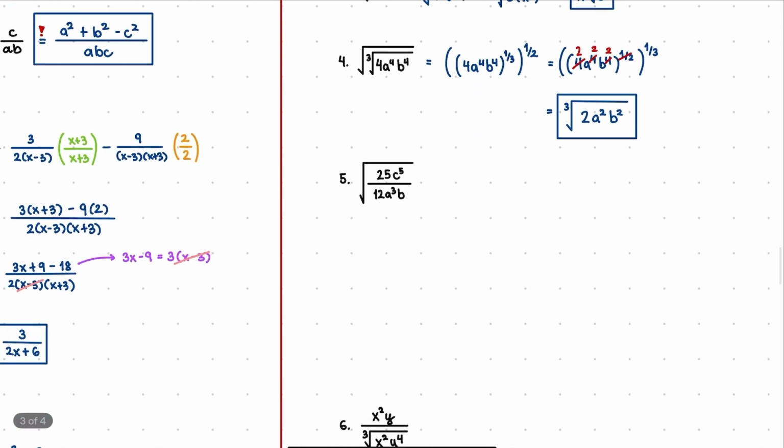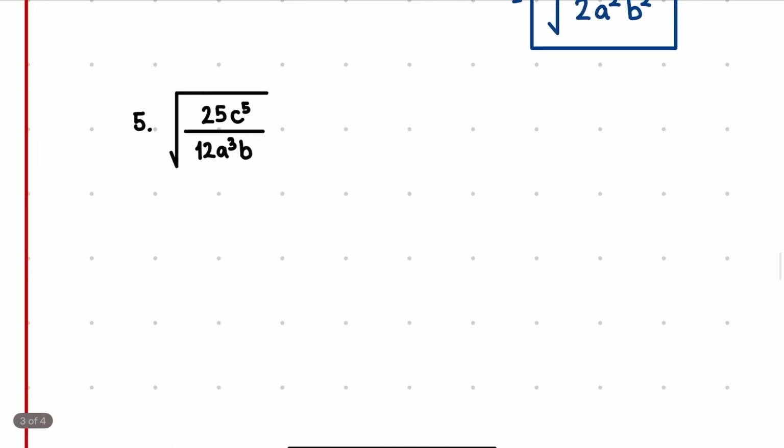Okay, good. And then now for the fifth one. So we have here dividing radicals. When we encounter a radical with a fraction or rational expression inside, this one can actually just be viewed as a radical 25c raised to 5, and another radical in the denominator.